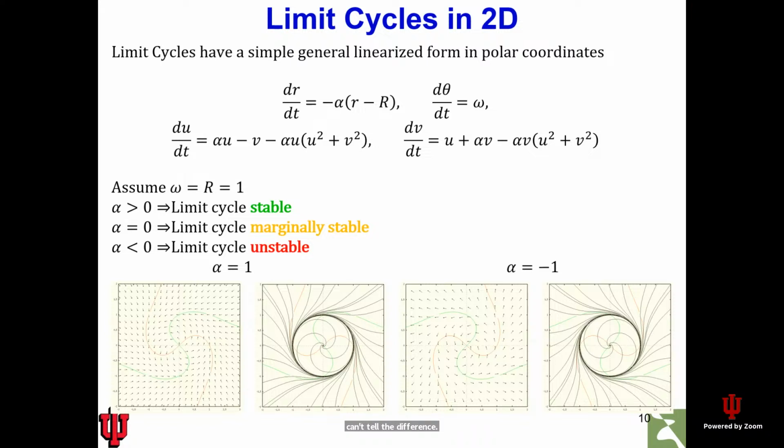Oh, I have a question. In the case where alpha is -1, if the point starts on the orbit, it will either move out or move in the circle, right?